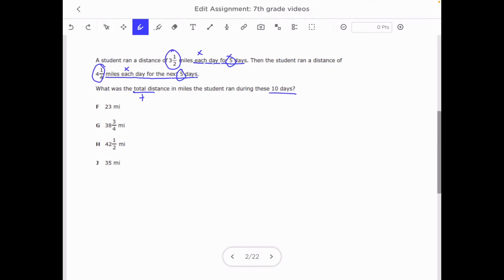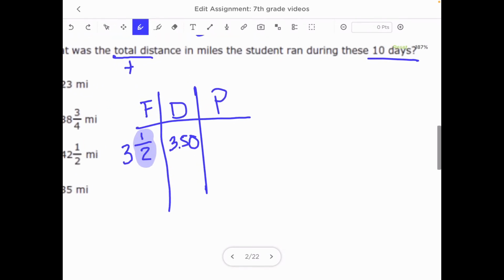So I'm going to go ahead and do an FDP chart. FDP. And I know that I'm going to put my mixed numbers over here. Now, this fraction right here, that's one of our benchmark fractions that we should automatically know off the top of our head. That is 3.50.